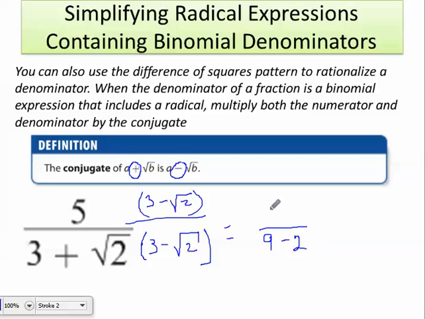And on the top, what am I going to wind up with? 15 minus 5 square roots of 2. Well, 9 minus 2 is 7, so what am I going to wind up with total? 15 minus 5 square roots of 2 divided by 7.